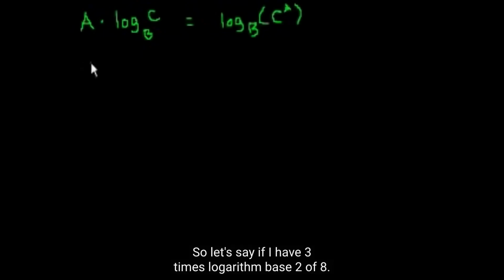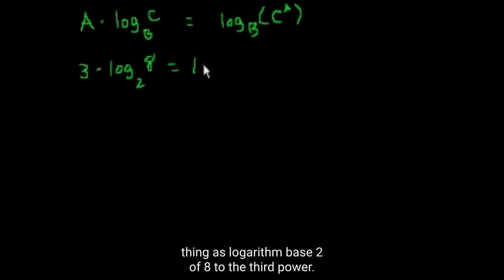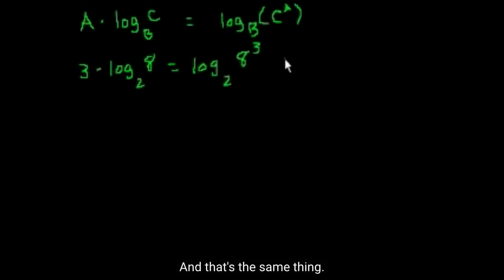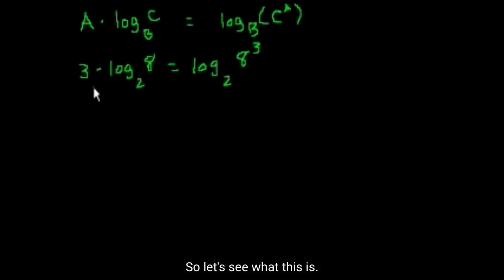Let's say I have, I don't know, 3 times logarithm base 2 of 8. This property tells us that this is going to be the same thing as logarithm base 2 of 8 to the 3rd power. Well, we could figure it out.